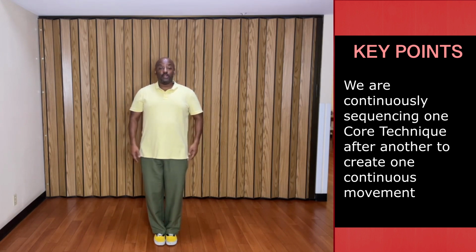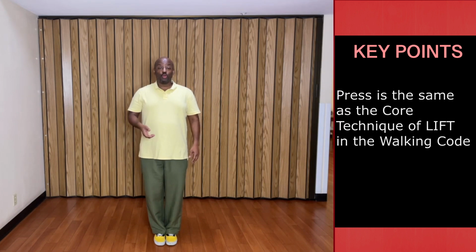Firstly, when I'm standing here on 2 feet in the opening of the form, or I could just be standing here on 2 feet prior to taking a step if I'm going to walk, I'm using the core technique of press. Press is going to be torsional rotation on one side of the core, and in this case I'm going to be using torsional rotation on the right side.